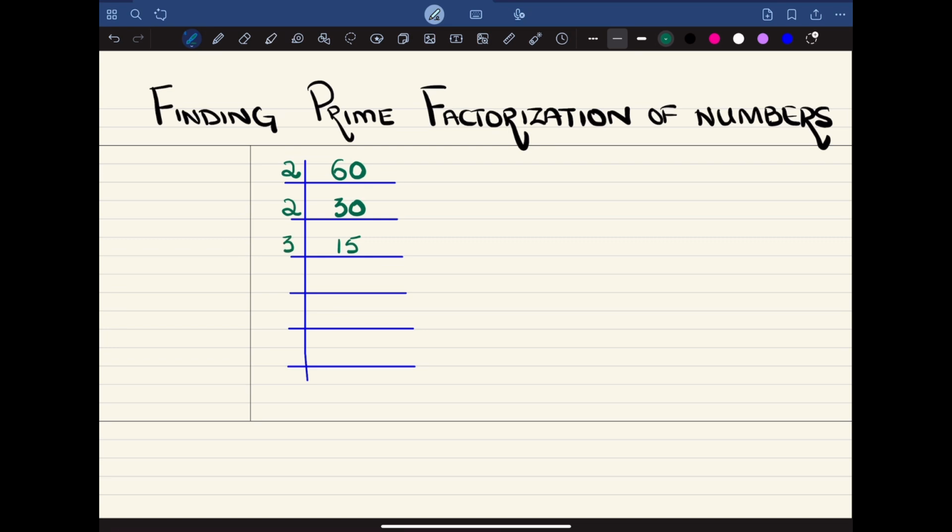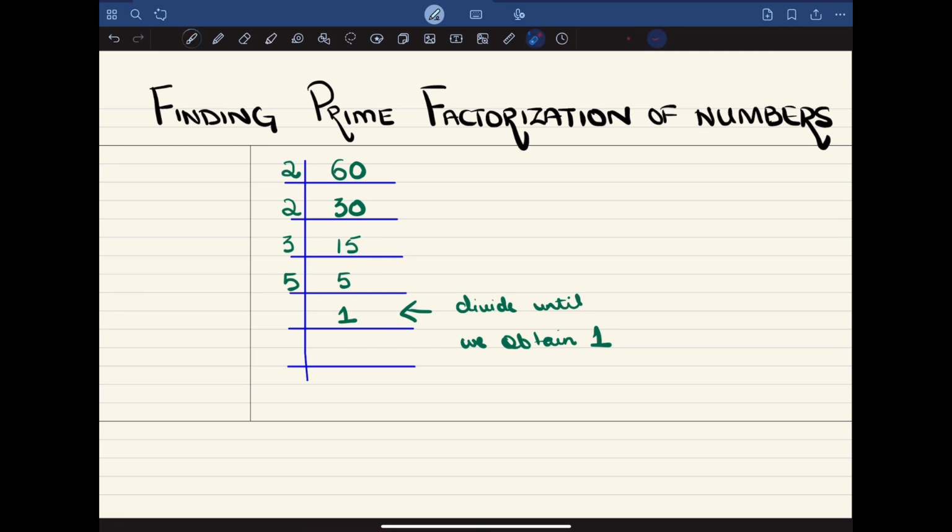Then we're going to use 3, 5, 5 and 1. We divide until we obtain 1. So we need to have 1 at the end.